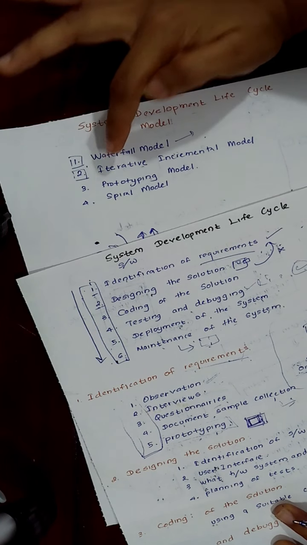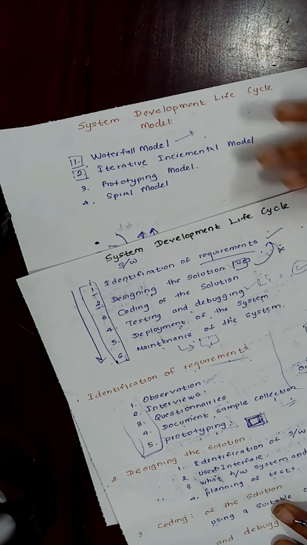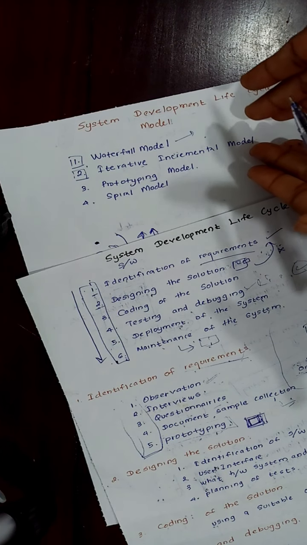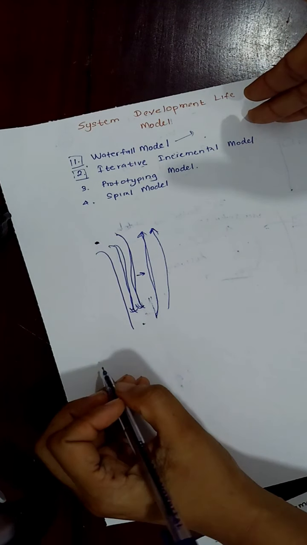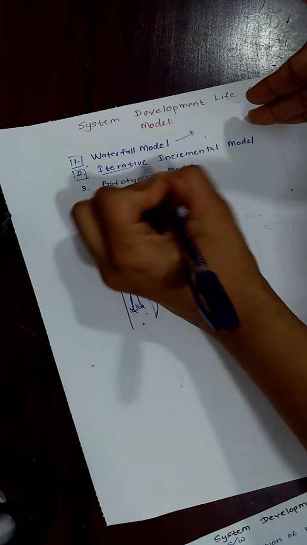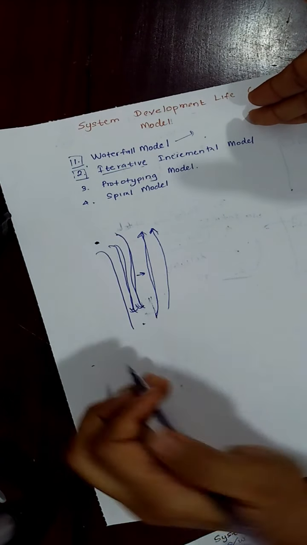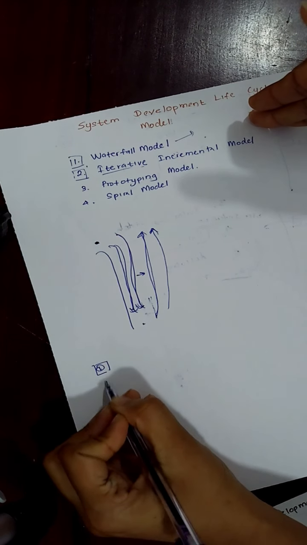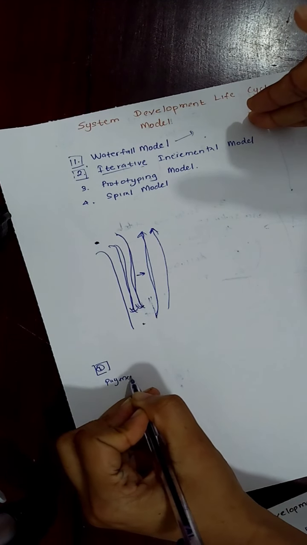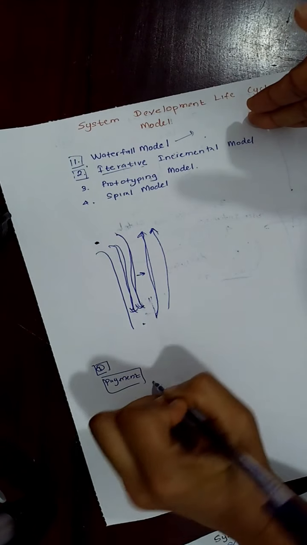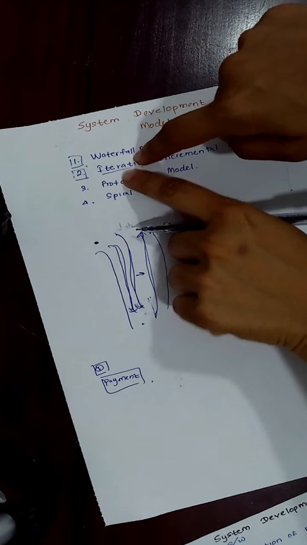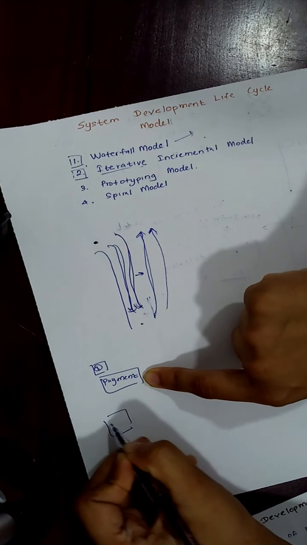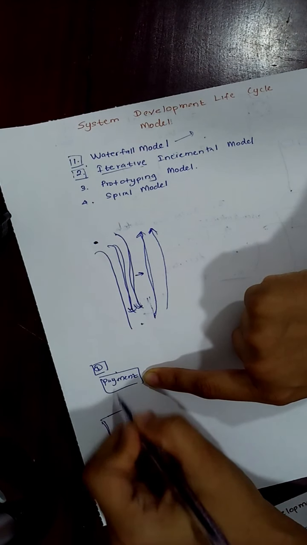The iterative incremental model is not like that. It is a very easy one. I am telling an example. Now you are identifying one requirement, that means you are identifying that canteen management needs a payment method. Then you design a page for payment.